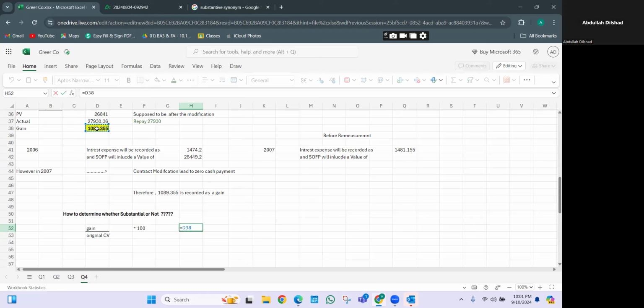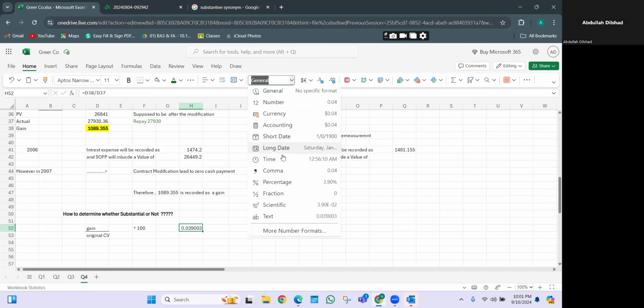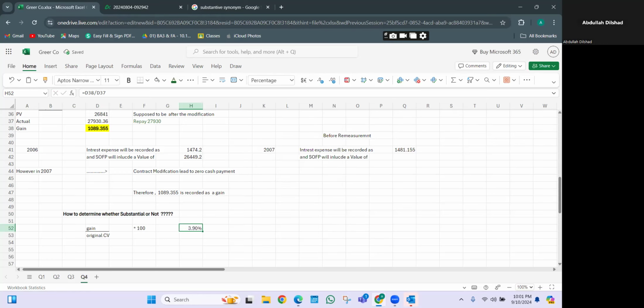It was 1089 divided by my actual carrying value, which was 27,930. In terms of percentage, it is giving me 3.90%. So what does the IFRS 9 rule say in terms of modification? IFRS 9 rule for contract modification.